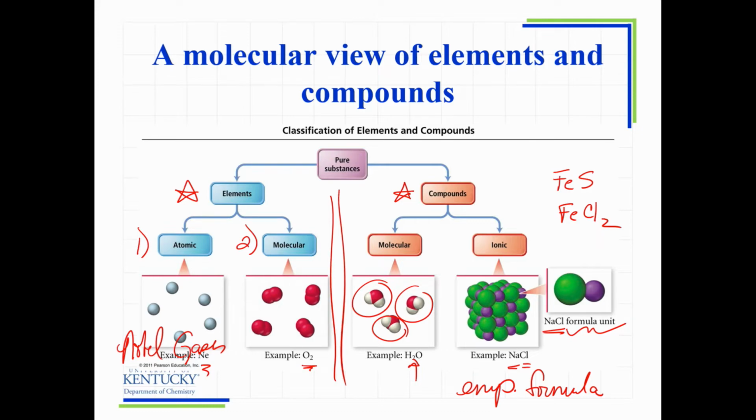That's a metal, non-metal. They exist in this three-dimensional network that's big. And we would say this represents one formula unit, not one molecule of iron chloride. This would represent one formula unit of iron sulfide, not one molecule. So the word molecule is applied only when it's a molecular compound, not when it's an ionic compound.